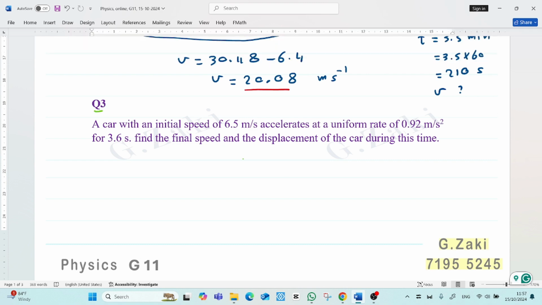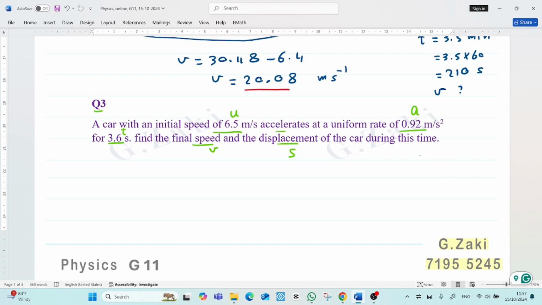Question number 3. A car with an initial speed, so this is u, accelerates at uniform rate, this is the acceleration, for 3.6, so this is the time. Find the final speed, we need v, and the displacement of the car.